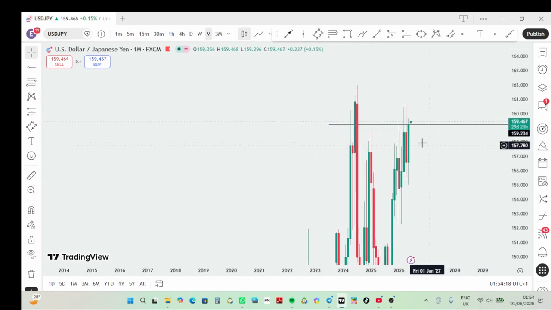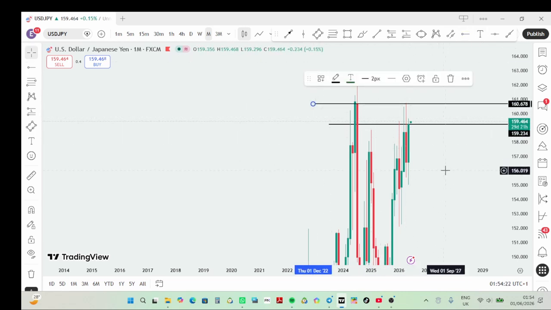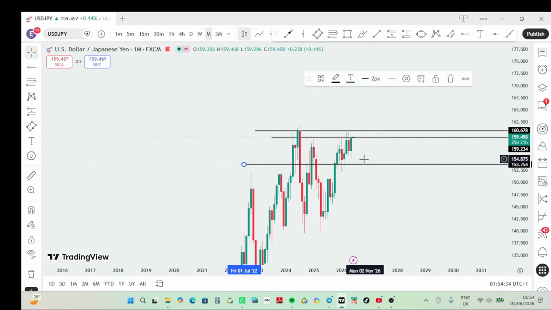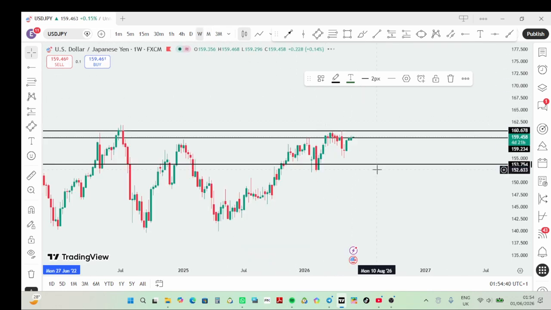I actually want to see a push to this zone, but I'm thinking that this market needs to retrace. It has to retrace, but I can't make decisions for the market. What I just need to know is that I want to see the market push to this upside before it starts falling down.